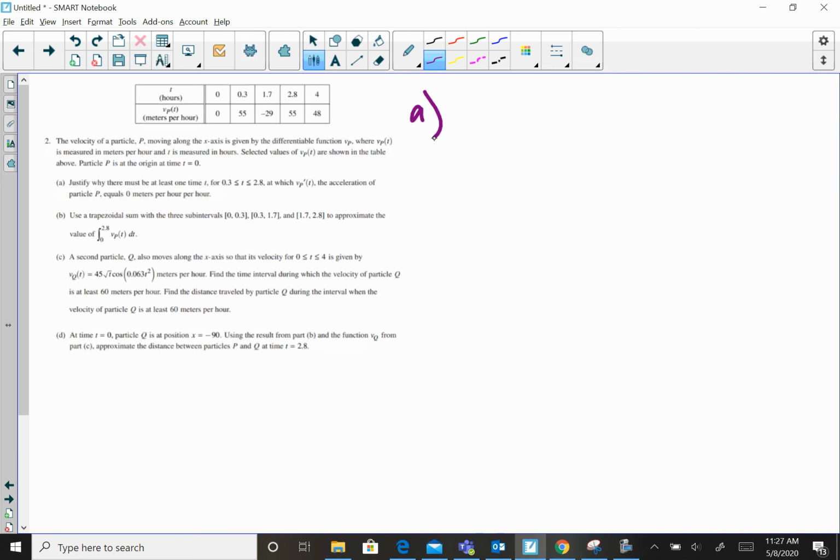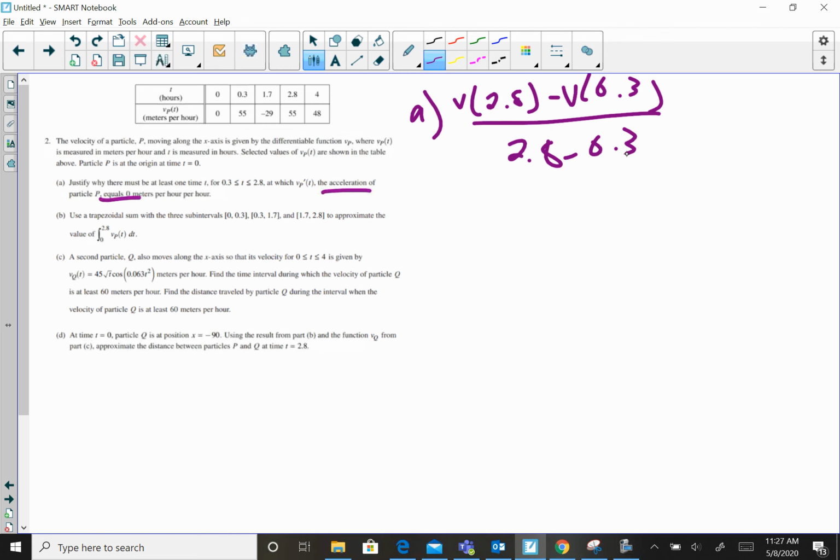So part A, where the acceleration, which is v prime of t, equals 0. Again, you can use extreme value theorem or mean value theorem, either way. If I'm going to do mean value theorem, this is not f, this is v. V of 2.8 minus V of 0.3 over 2.8 minus 0.3.